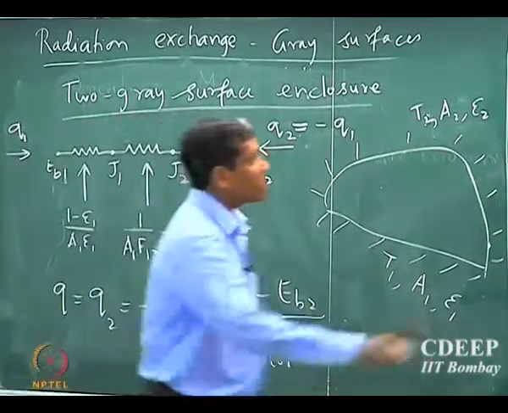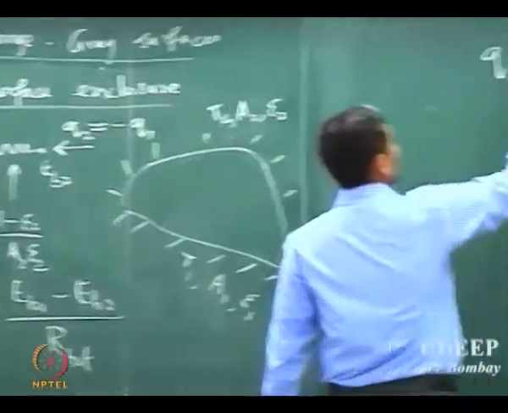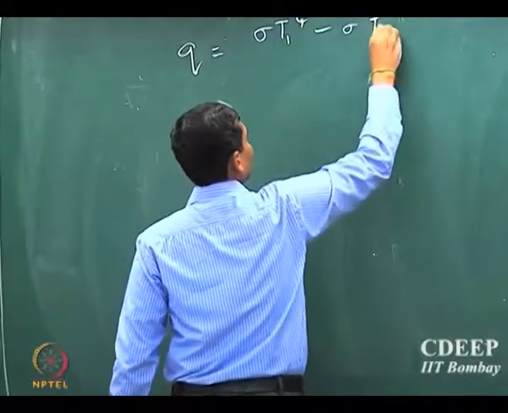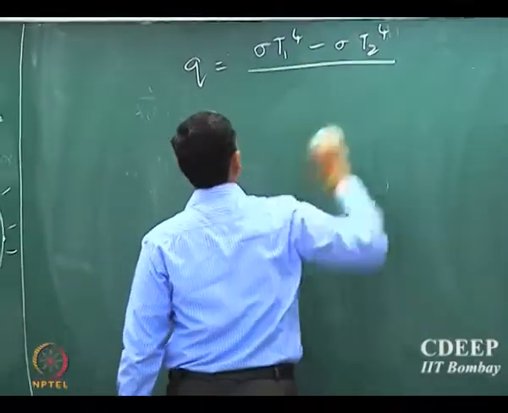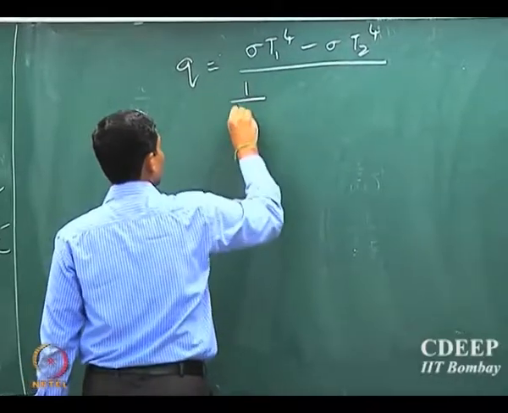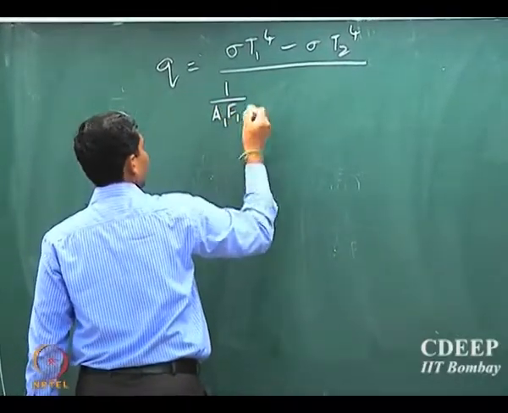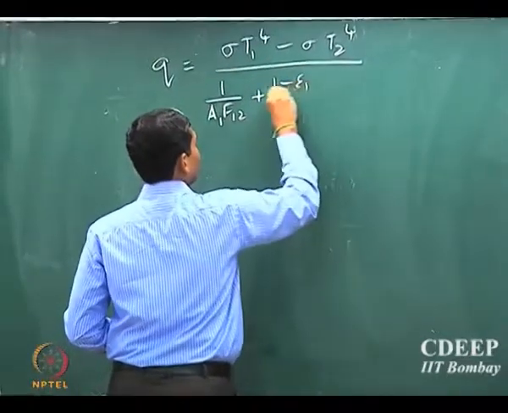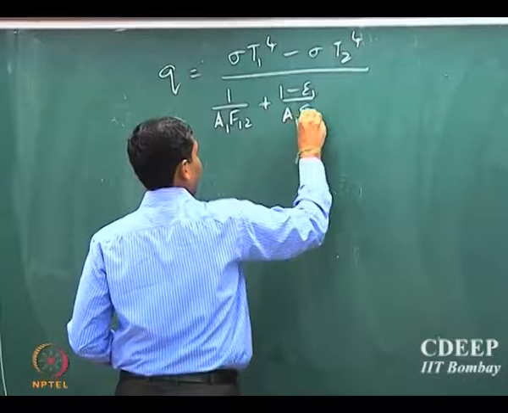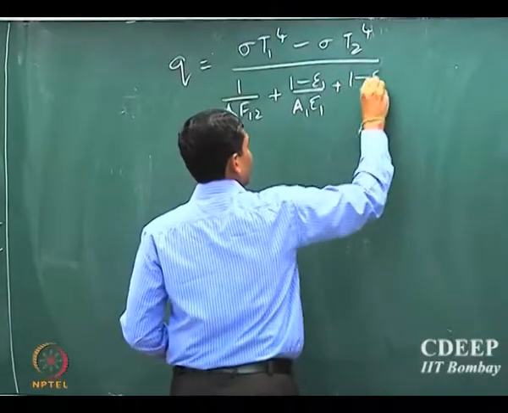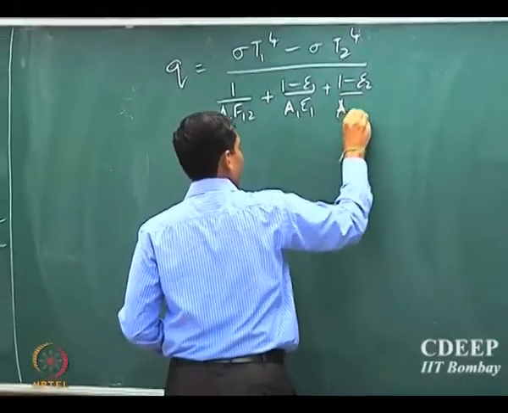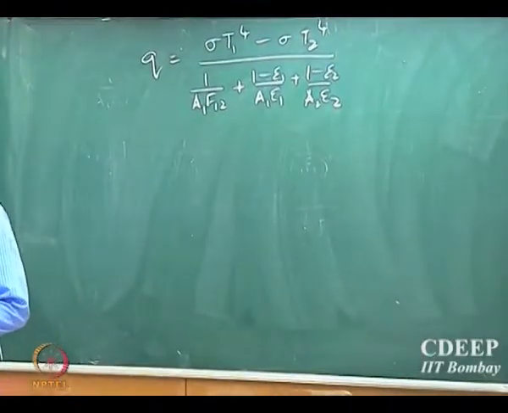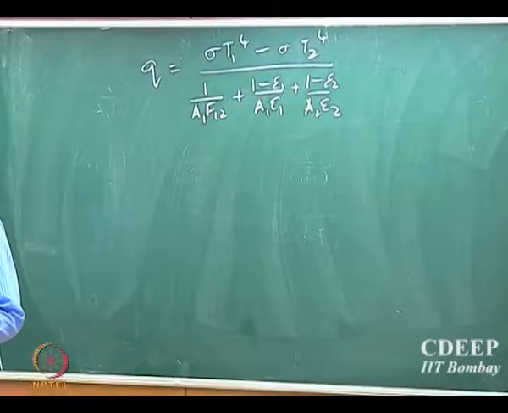So, therefore, Q will be sigma (T1 to the power of 4 minus T2 to the power of 4) divided by 1 by A1 F12 plus (1 minus epsilon 1) by A1 epsilon 1 plus (1 minus epsilon 2) by A2 epsilon 2. Okay. So, that is the net radiation exchange between these two surfaces.